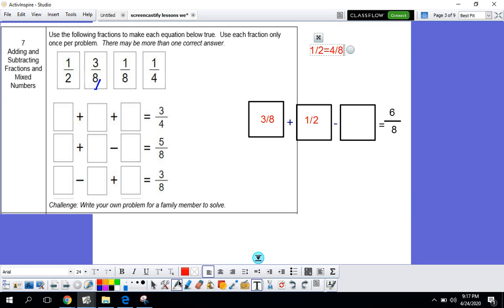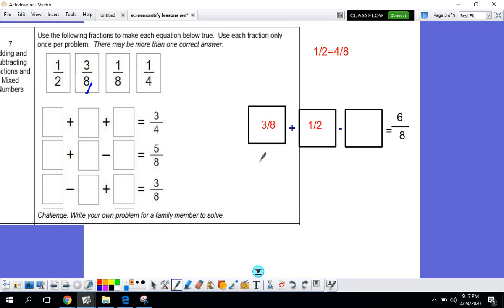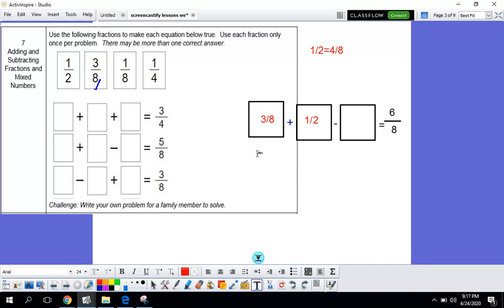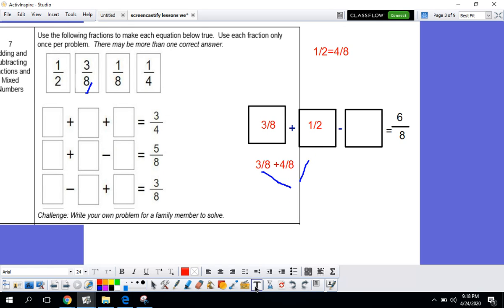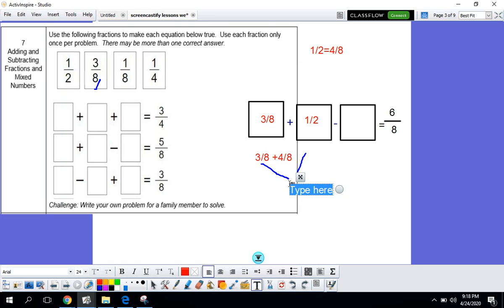So when I want to add 3/8 and 1/2, I can think of it really as 3/8 plus 4/8, because again, 1/2 is equal to 4/8. When I put those 2 together, 3 and 4 is 7, that'll give me 7/8. So now those 2 boxes together give me 7/8.